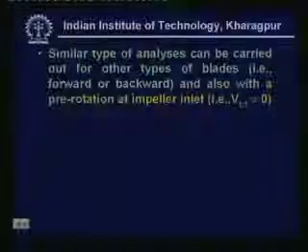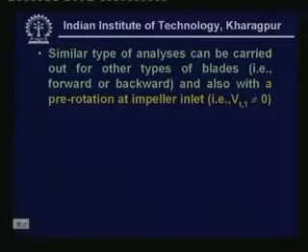A similar type of analysis can be carried out for other types of blades, that means forward or backward curved, and also with a pre-rotation at the impeller inlet. You can extend this analysis by including beta. Here we assumed radial blades, so cot beta becomes 0. So beta does not appear in the expression for pressure ratio or the power input, but you have to include beta for other types of blades, that means forward or backward curved blades.